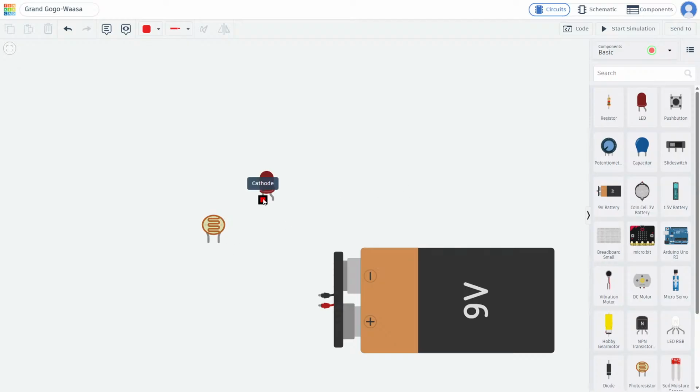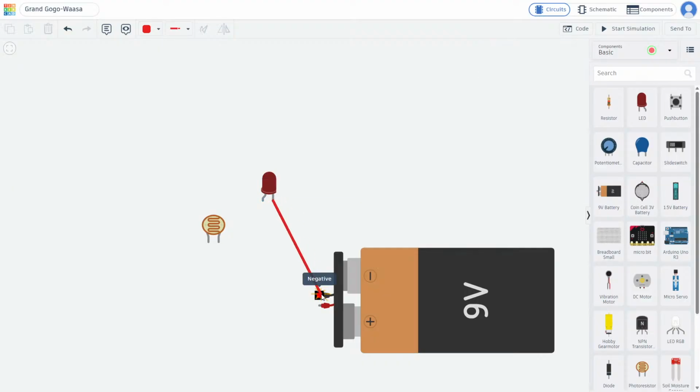So here is the cathode, right? This is the anode. So we can wire the LDR to the anode or the cathode, it doesn't matter, but to keep certain things easy to be referred later, let me mirror this component now. This one will be the anode and this one will be the cathode.